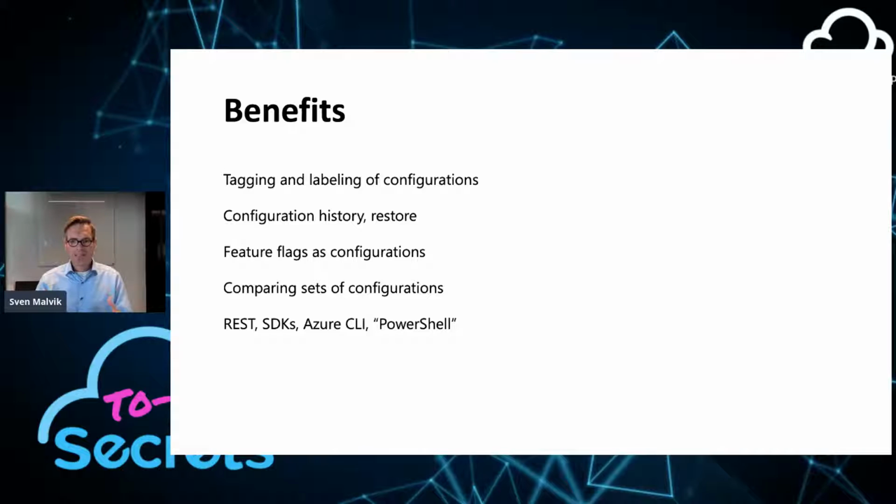Feature flags is a nice feature. We'll dive into, first of all, how we use feature flags in an application, but also why we need feature flags, and that feature flags are nothing else than configurations saying true or false.